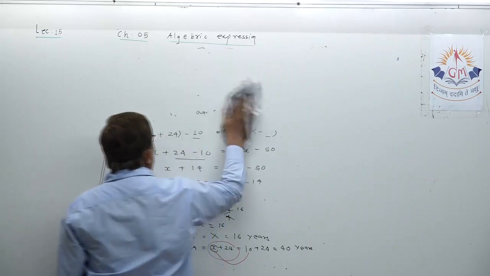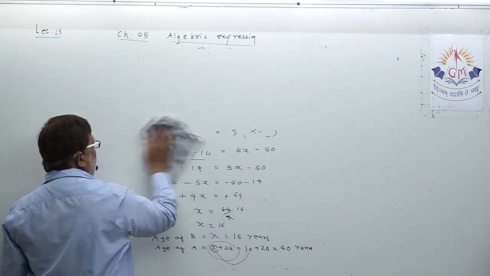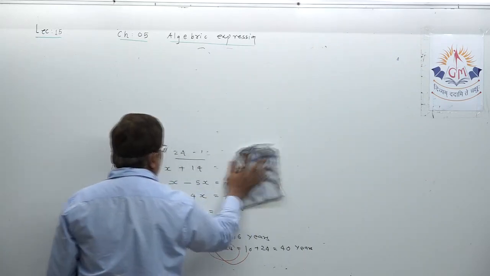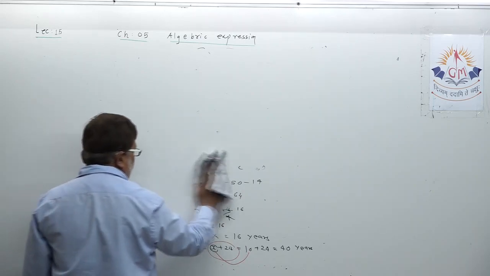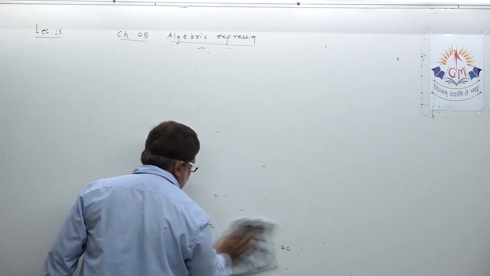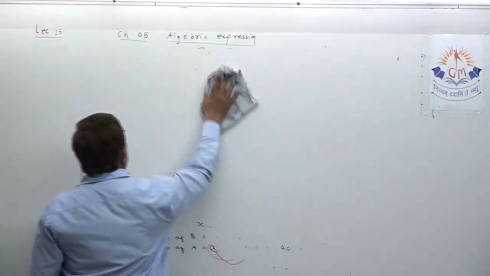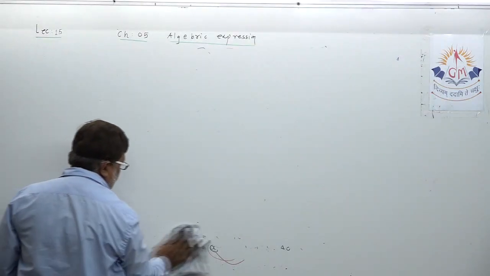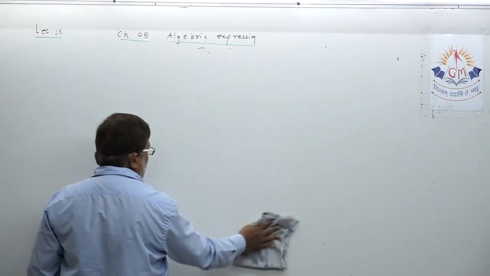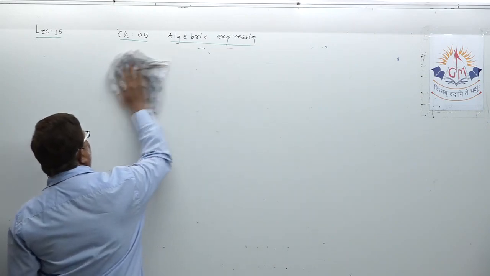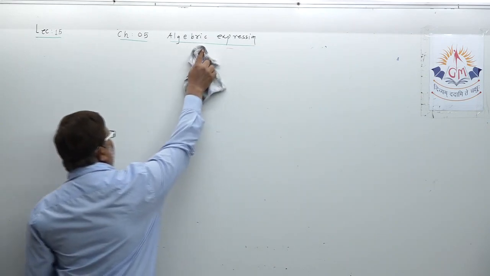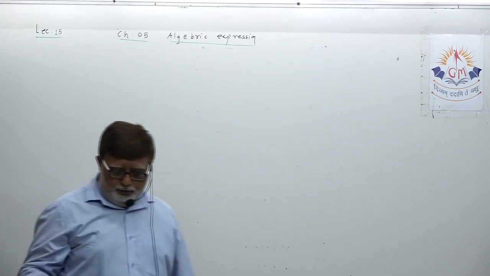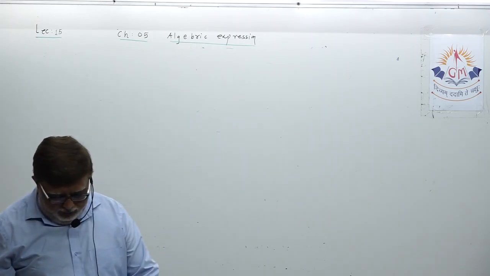It is just you have to develop the skill to read the data and suppose and then translate it properly in the format of word equation. That is important. And after you convert it into an equation, then it becomes easy for you to solve. Okay, any sum.